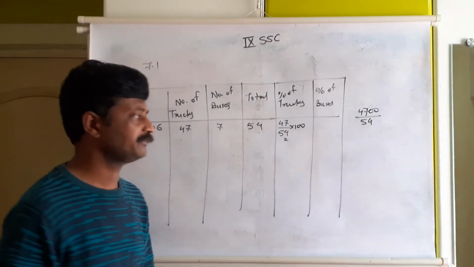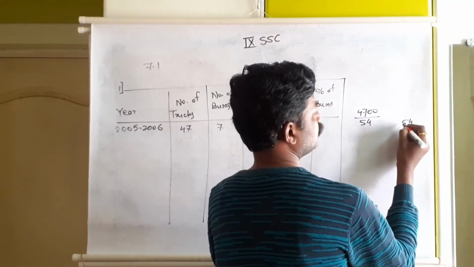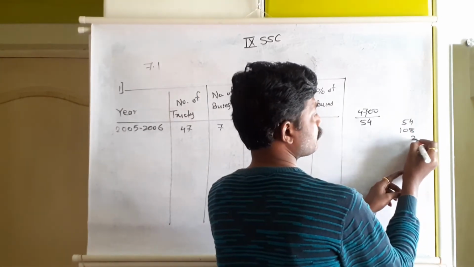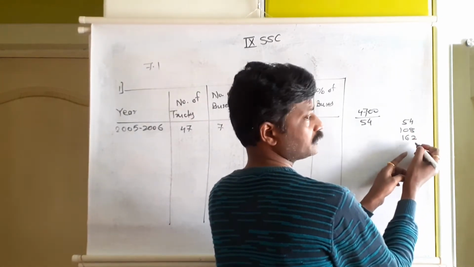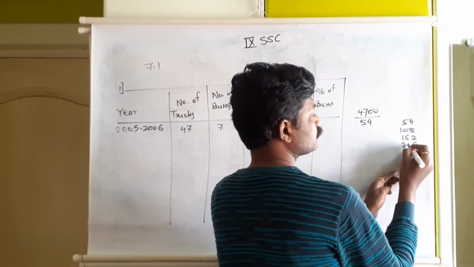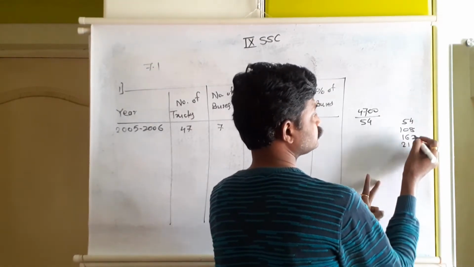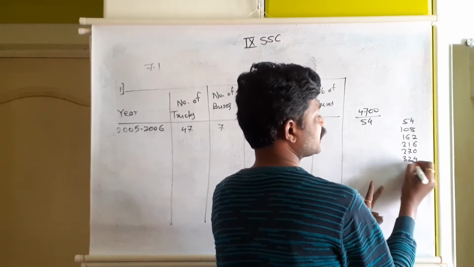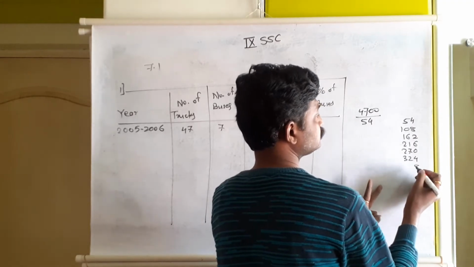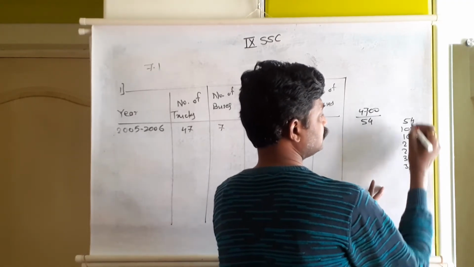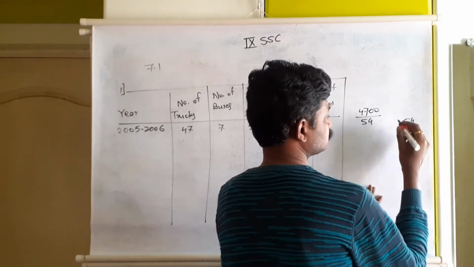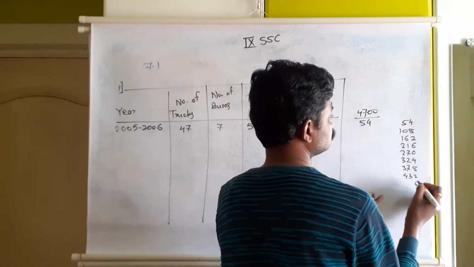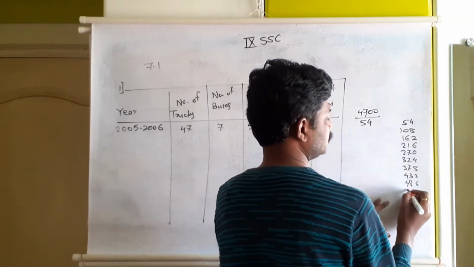So we'll make the table of 54. 54 1s are 54, 54 2s are 108, 54 3s are 162, 54 4s are, 5s are, 6s are, 7s are, 8s are, 9s are, and then 10s are 540.